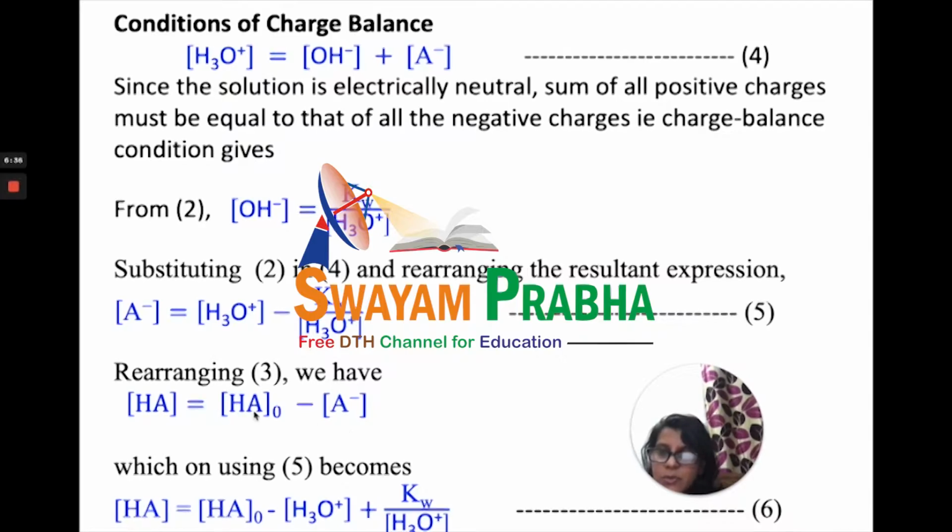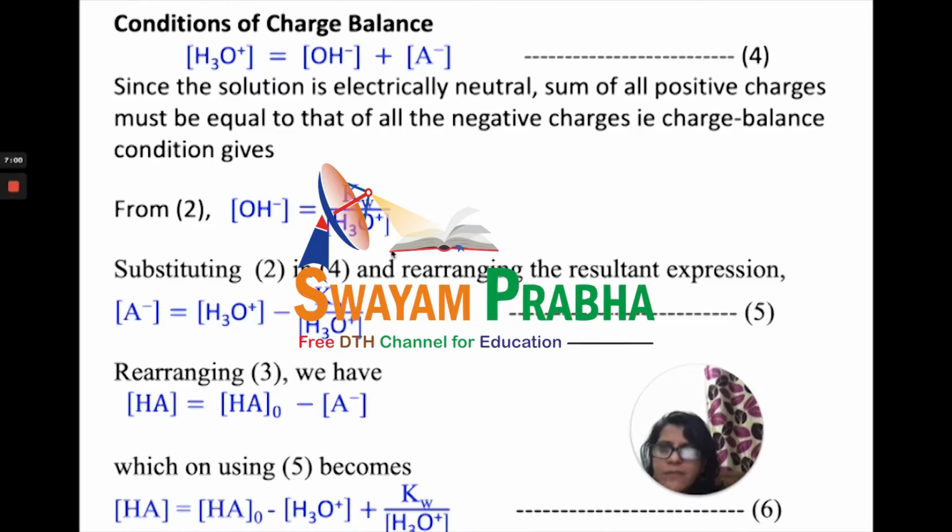So HA is equal to HA naught minus A minus. Now what is our expression for A minus? A minus is equal to H3O plus minus Kw upon H3O plus. We substitute this expression into this, and we finally get HA is equal to HA naught minus H3O plus plus Kw upon H3O plus. So this is the expression that we've got.